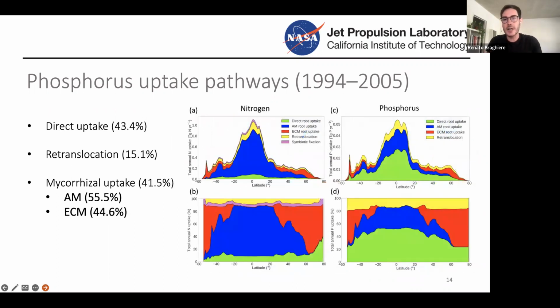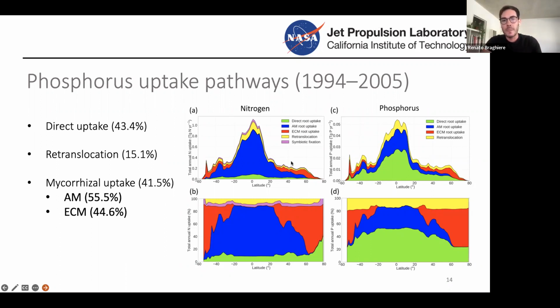And when we compare nitrogen and phosphorus uptake, here is the zonal plot. So here is the average in latitude. We can see how the equator, where the tropical forests are, shows most of the total annual nitrogen and phosphorus uptake. But it's interesting to see how different uptake pathways have different weights in acquiring phosphorus and nitrogen.